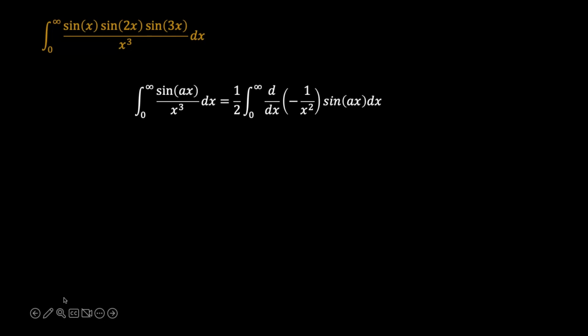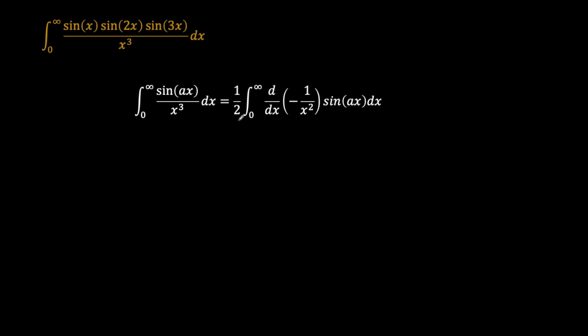This problem is very similar to the integral of half the product of the derivative of negative 1 over x squared times sine ax. So the derivative of negative 1 over x squared is twice 1 over x cubed. But now to negate that 2, we have multiplied by a half here.